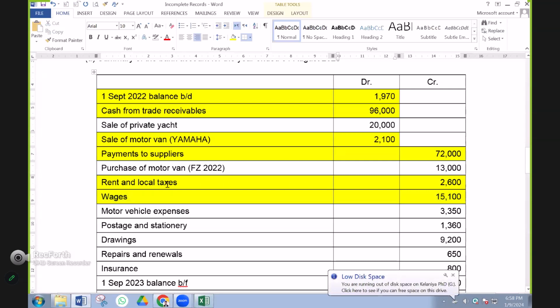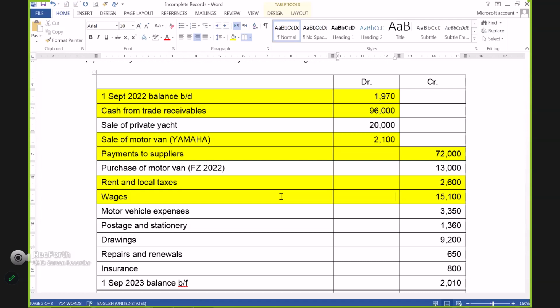I think there are no adjustments in the wages, so it is normally transferred to the income statement without any adjustment. The amount of wages, 15,100, paid by cash, is transferred to the income statement.